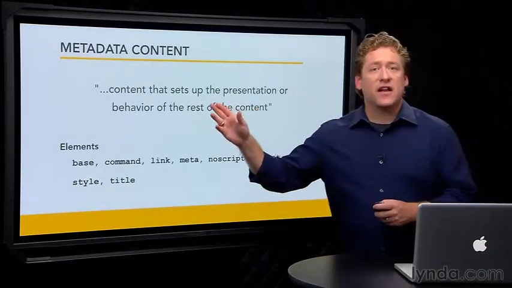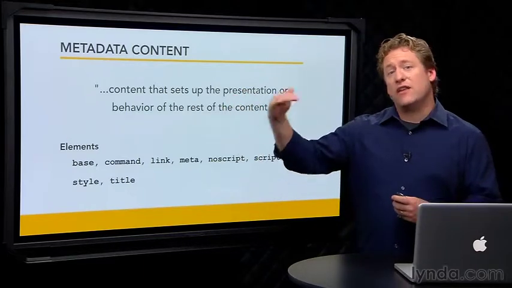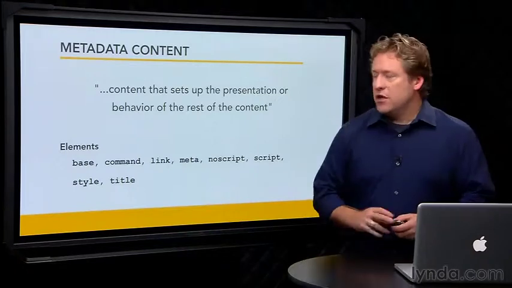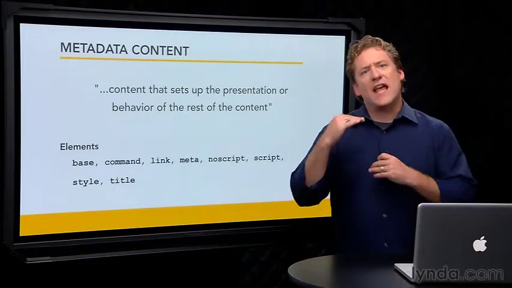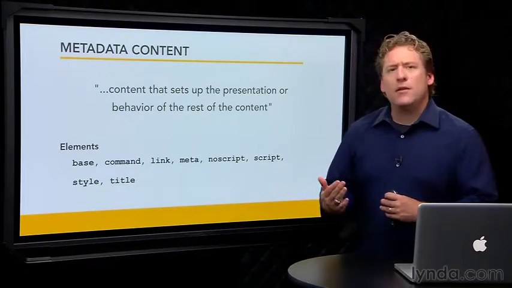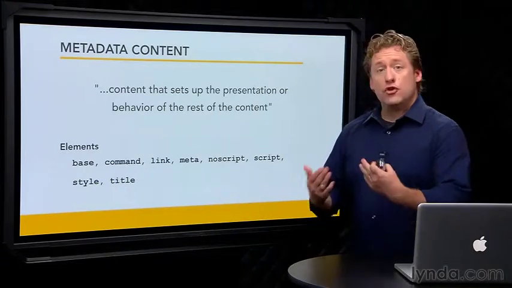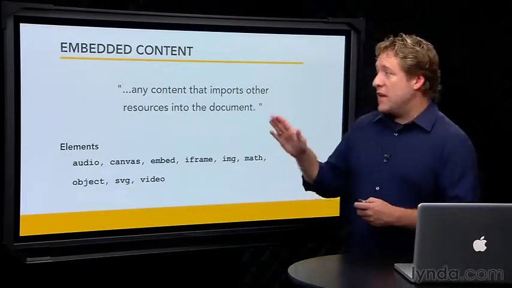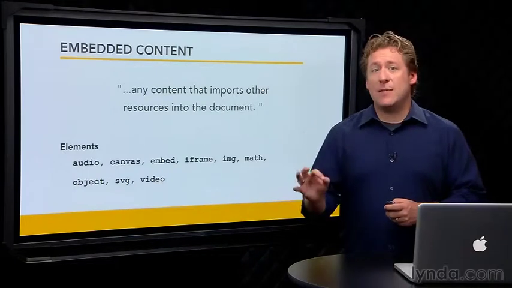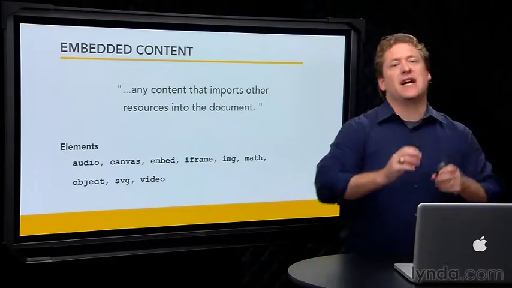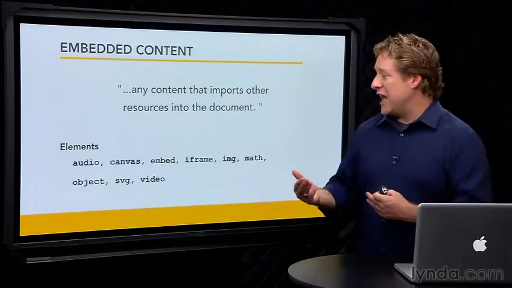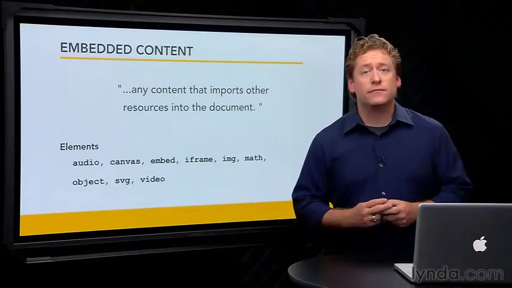Metadata content is defined as being content that sets up the presentation or behavior of the rest of the content. You'll primarily find these elements in the head of the document, and sample elements include the link, meta, noscript, script, and title elements. Embedded content is any content that imports other resources into the document. Sample elements include the object, video, canvas, and embed elements.